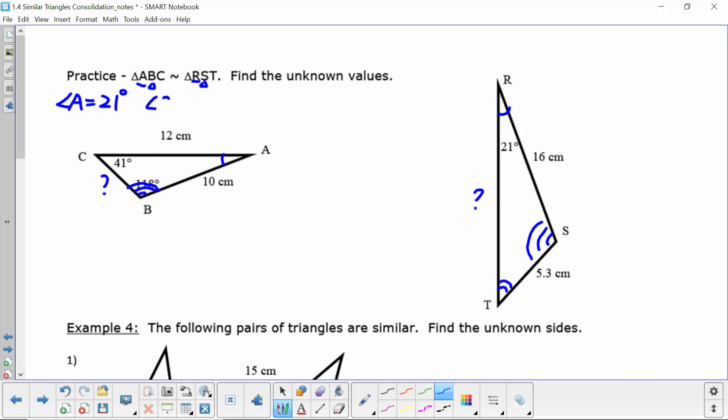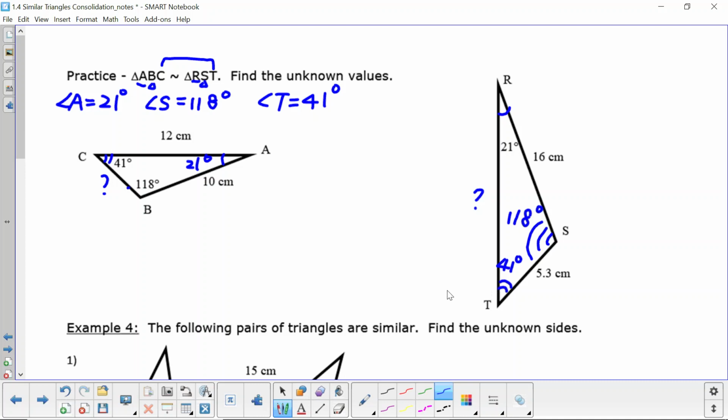Then we know angle S equals 118 degrees. I will erase this one, it's hard to see. You could just write 118 degrees inside the triangle. Then we have angle T unknown. Angle T corresponds to angle C, marked with a double arc. That equals 41 degrees. Then we have solved all the unknown angles.